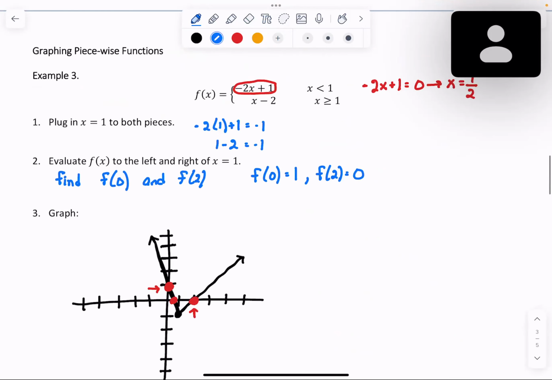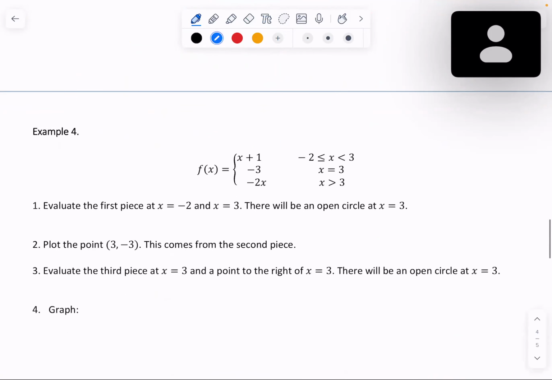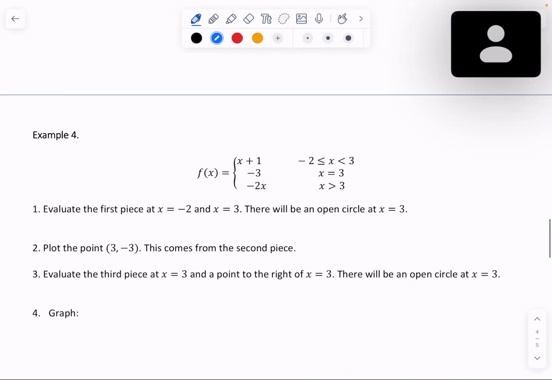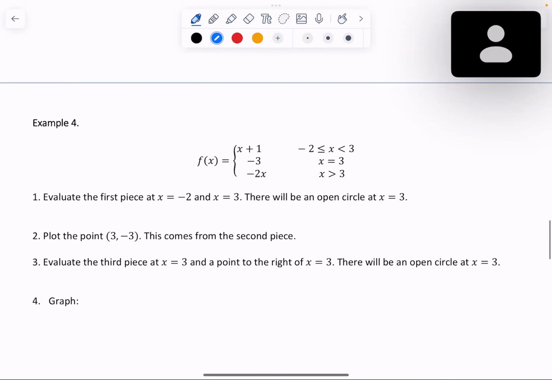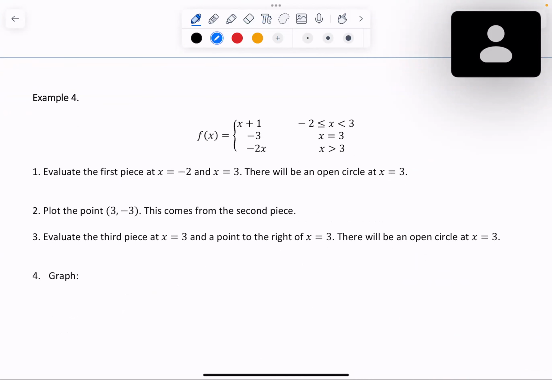So that one is a simple example where we look at two pieces. Now let's look at a more complicated example when we look at three pieces. So it says evaluate the first piece at x is -2 and x is 3. And there will be an open circle at x equals 3.